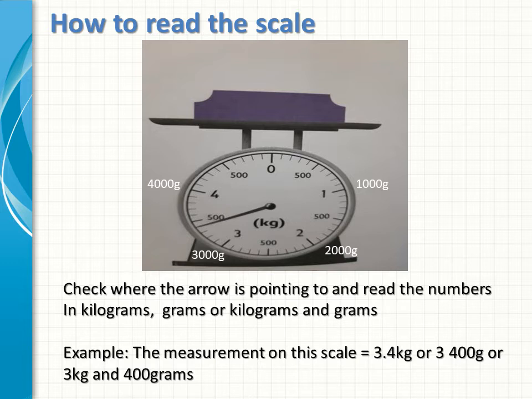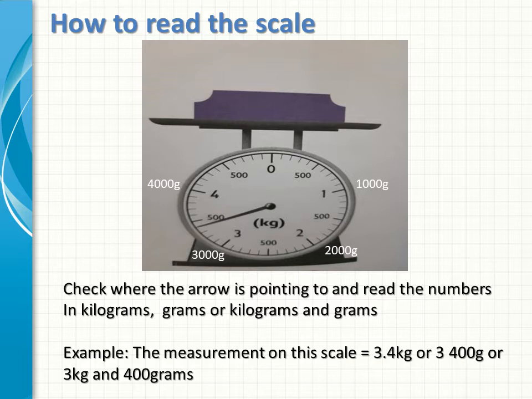But the 1, 2, 3, 4 that you see on the scale is kilogram. And you see I put some numbers in white around those bigger numbers. Like 1, I have 1,000 grams. For 2, I have 2,000 grams. For 3, I have 3,000 grams. And for 4, I have 4,000 grams.